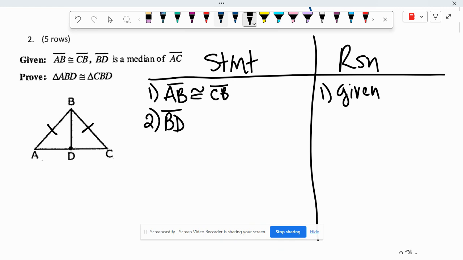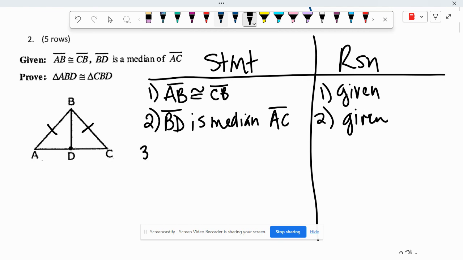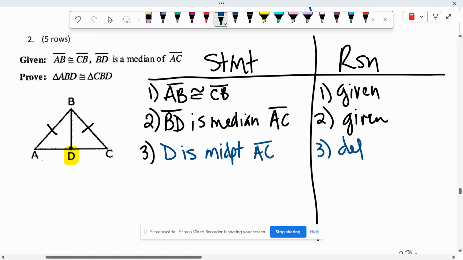BD is the median of AC. And we're going to say that because it's given. But if it's the median, then what that means is this point right here is the midpoint. So I'm going to say that D is the midpoint of AC. And why am I going to say that? That's just the definition of the median.